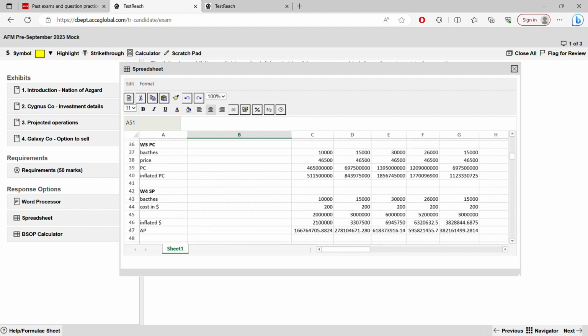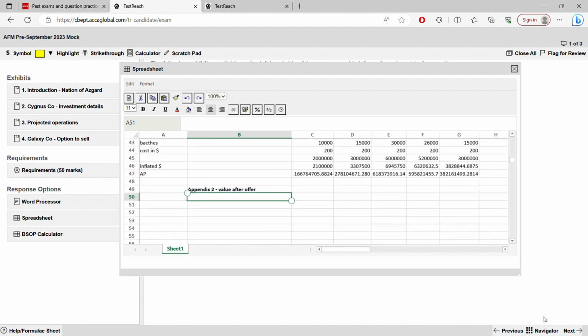Okay. PA. Sum of cash flow in year 2, year 3, year 4 and year 5. That is your PE.